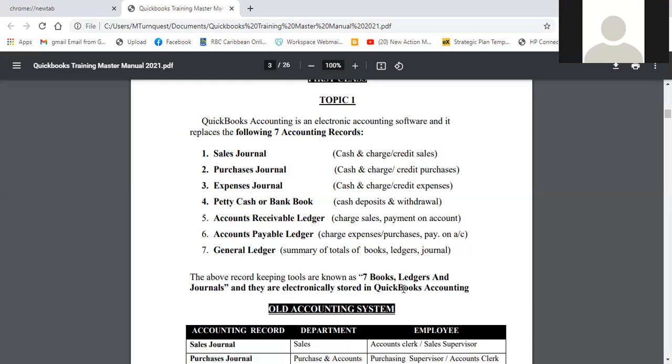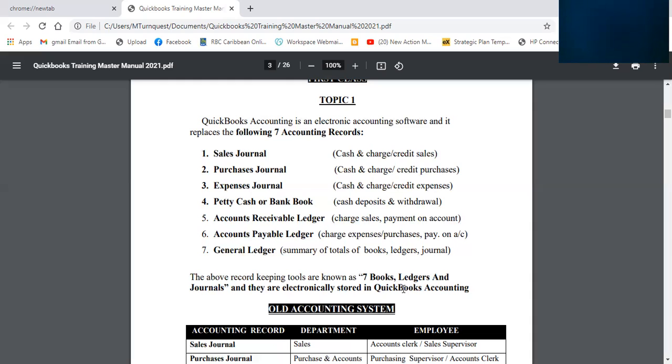Yes. The next, point 6, the accounts payable ledger. Make a note, the accounts payable ledger only focuses on charge expenses and charge purchases. That's it. Nothing else.